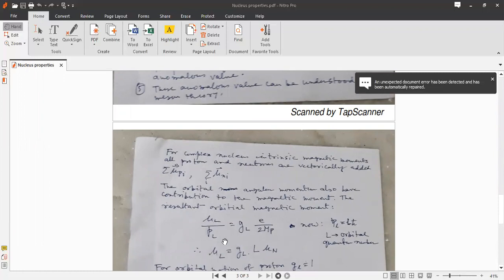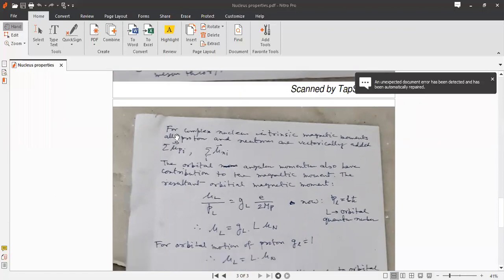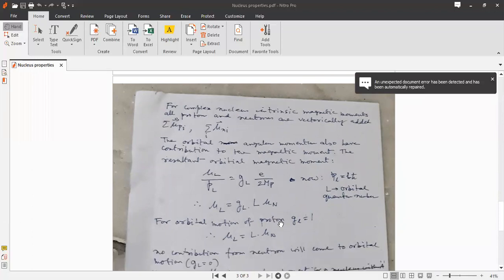So this is about the magnetic moment due to the intrinsic spin. For a complex nucleus, the intrinsic magnetic moments of all protons and neutrons are vectorially added. In this simplified picture, we just add all the magnetic moments for protons and for neutrons. Now the orbital angular momentum also has a contribution to the magnetic moment.